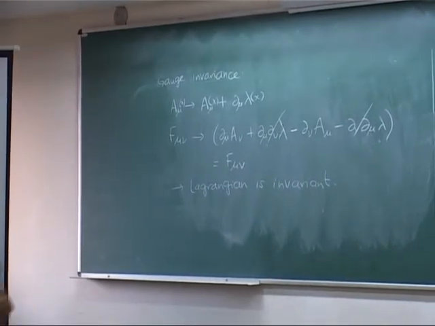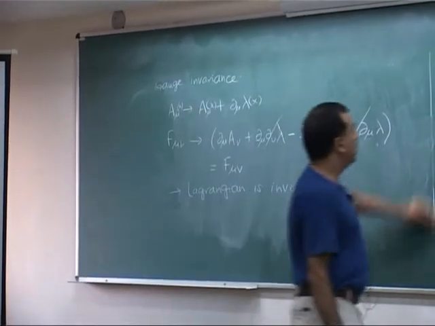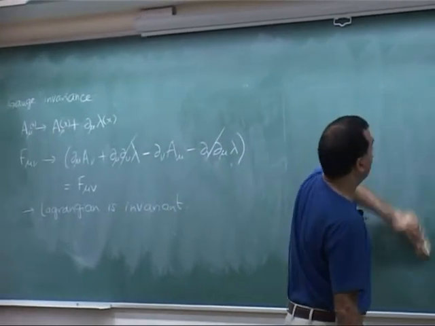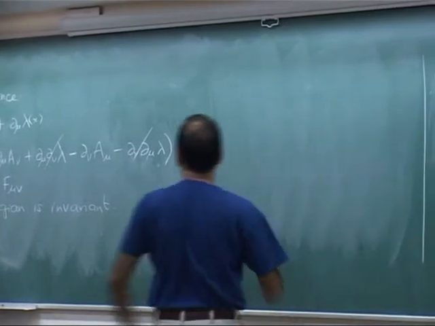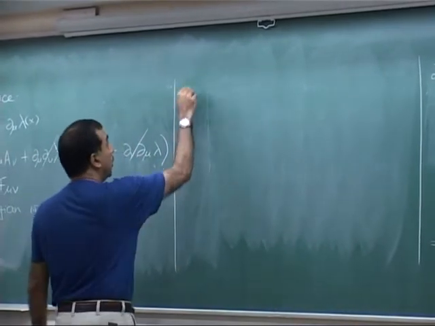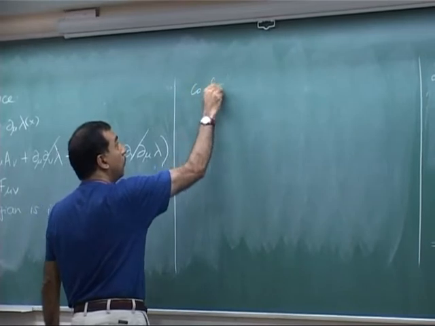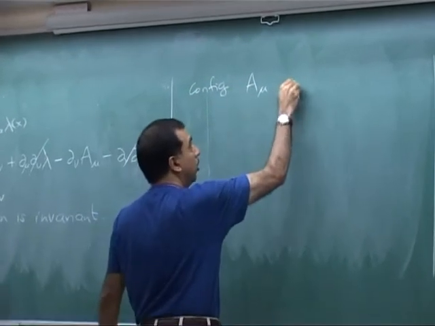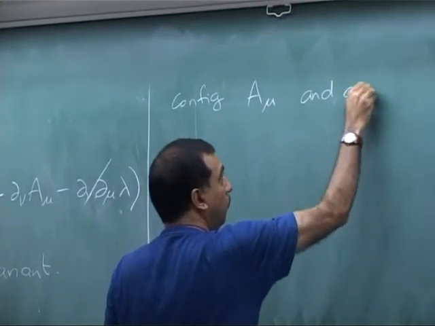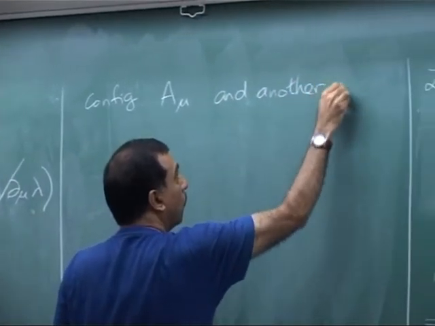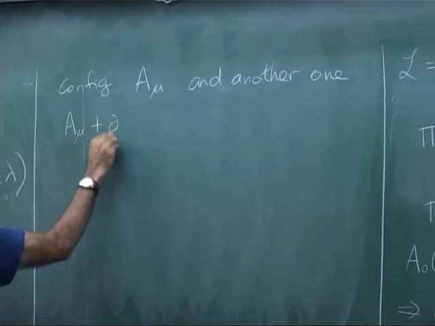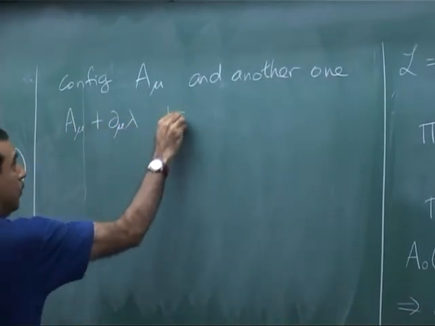Now, this is rather troublesome, because if you think what it means, it tells you that a configuration A mu and another one A mu plus del mu lambda have the same Lagrangian.